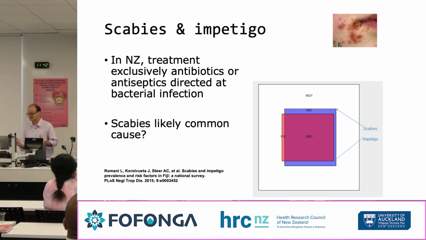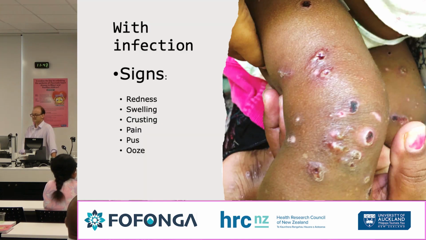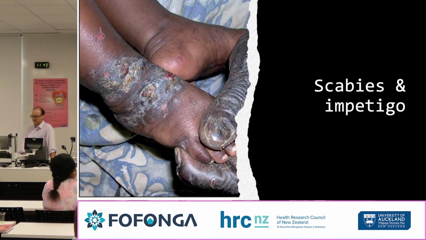In New Zealand, most of the literature just treats impetigo as a primarily bacterial disease. So scabies often is complicated, particularly in the Pacific, with bacterial infection, often crops of these little abscesses and infections.